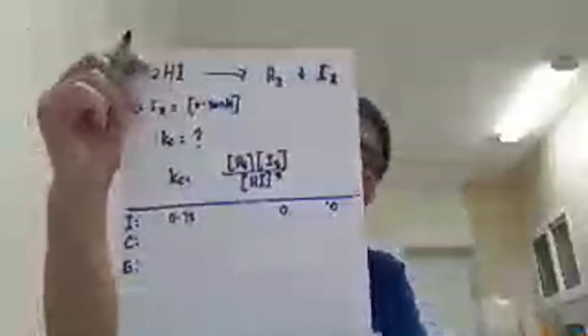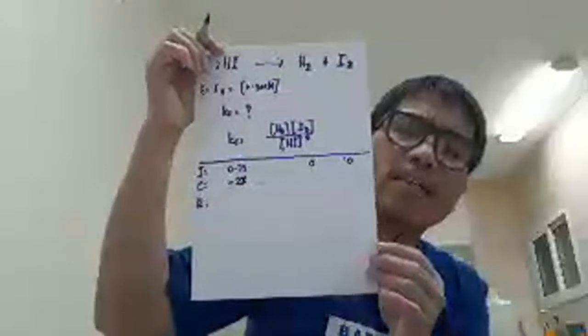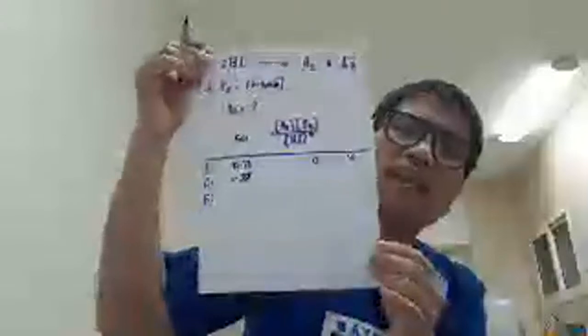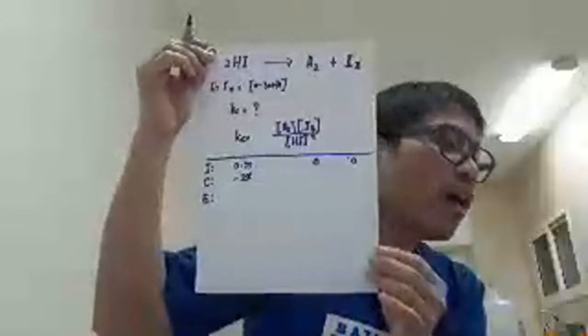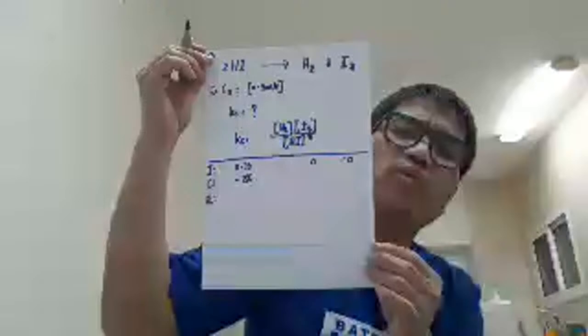For our changes, let x be the molar concentration in both reactants and products. We have 2HI, so negative 2x. You multiply the number of moles by the molar concentration that we assume as x. Negative means that initially this HI will give to H2 and I2, so minus 2x.